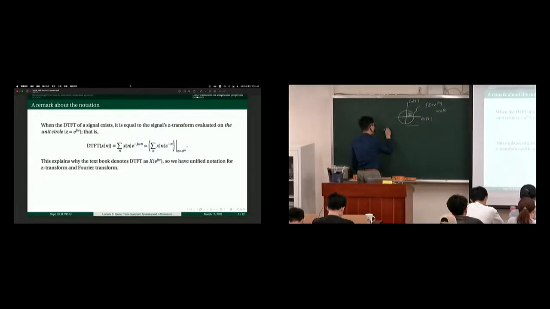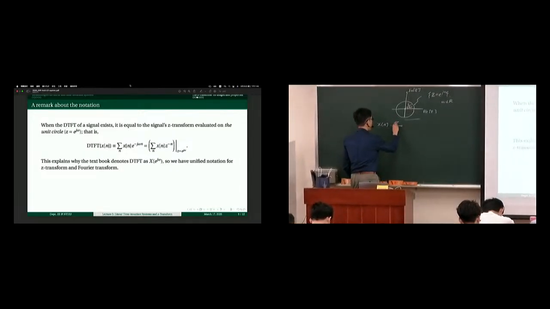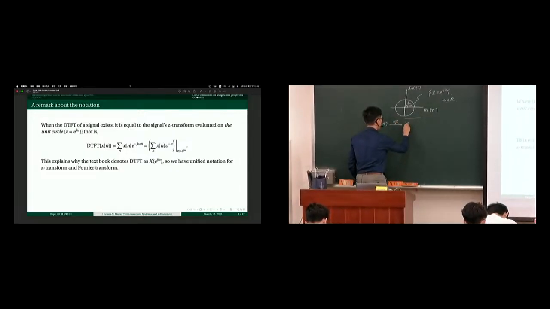So earlier in this course, we said we will take the Fourier transform and denote the result as X of e to the j omega, and it's equal to the sum over all n of x[n] times e to the minus j omega n. And in this way, we go from the time domain to the frequency domain. So previously, we emphasized the idea that we are going from the time domain to the frequency domain.